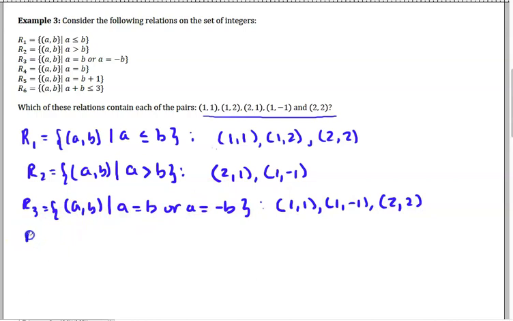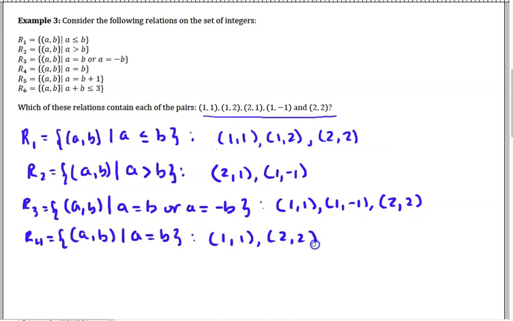R4 is the set of coordinate points where a equals b, so this fits with (1, 1) and (2, 2). R5 is the set of coordinate points where a equals b plus 1, so a has to be 1 more than b. That one is just (2, 1), the only one that fits that rule.